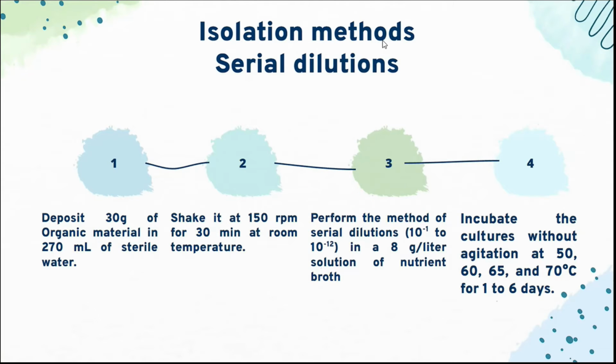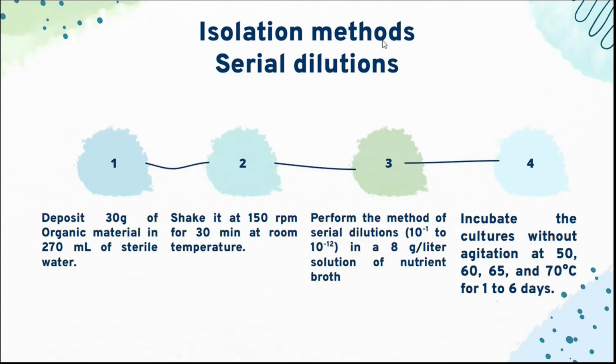Now, in the isolation methods, we found the serial dilution for Thermus aquaticus. So in the first step, we're going to deposit 30 grams of organic materials in 270 milliliters of sterile water. Then we're going to shake it at 150 RPM for 30 minutes at room temperature.